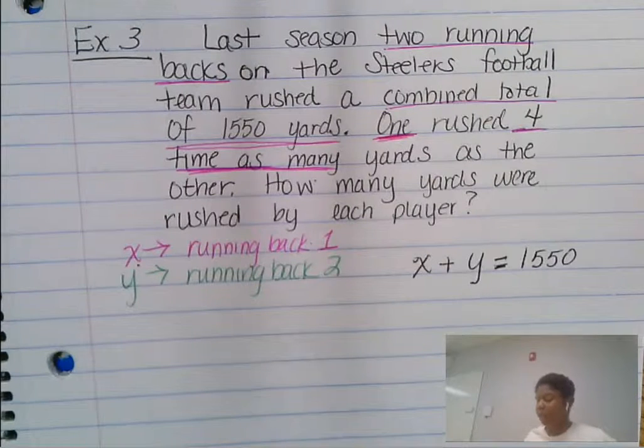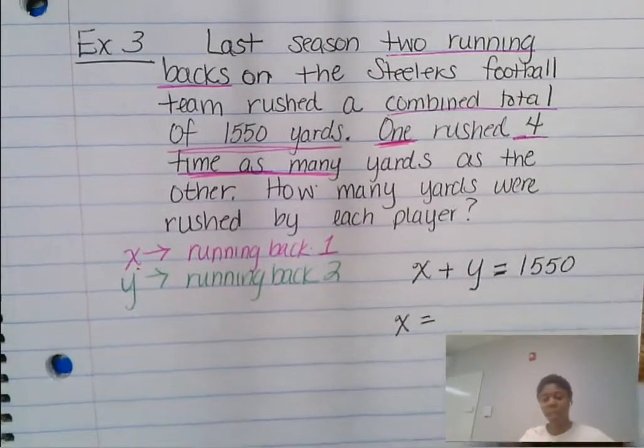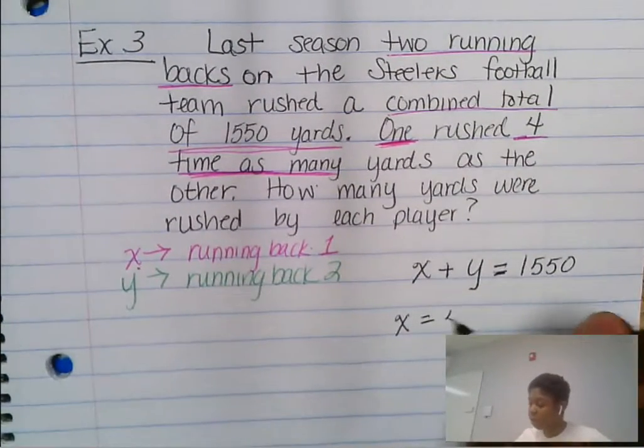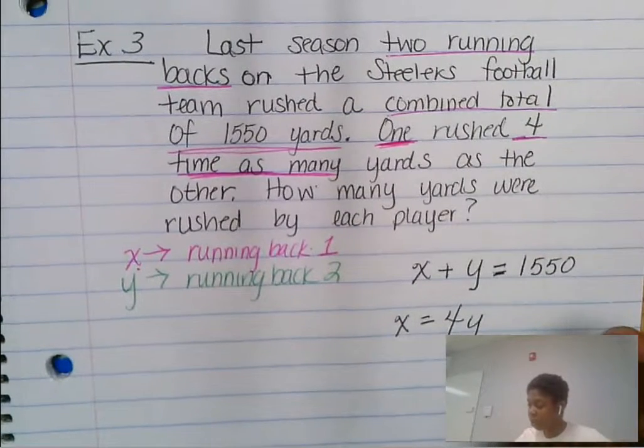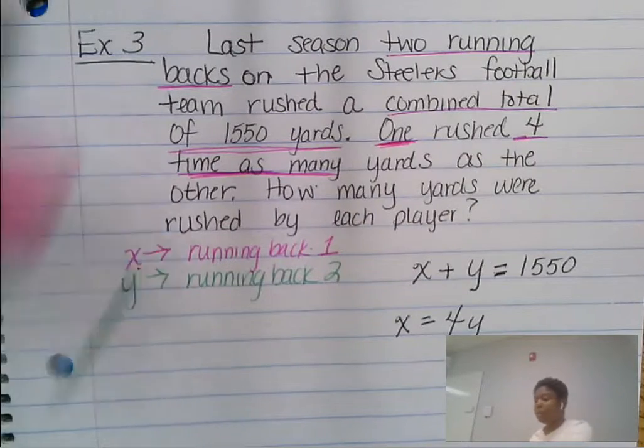So if we say player 1, who is X, player 1's total can be equal to 4 times player 2's total, running back 2's total. So we now have our second equation. So now we have a system. We have 2 equations that's going to give us a common solution. So now we have to use our steps and solve.